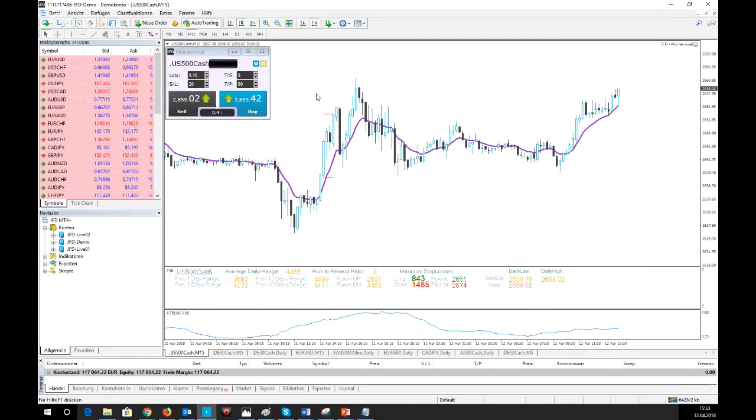That has to do with the fact that I want to present to you this mini terminal, and I don't want to do trading tests or give examples based on a real account I'm trading. So that's why I opened the demo account here.